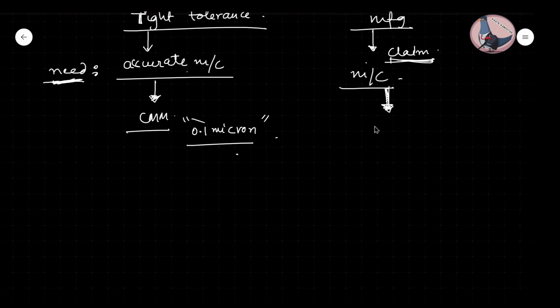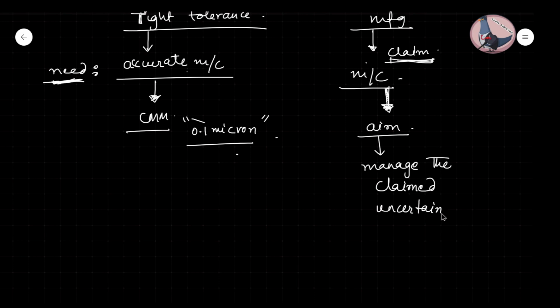So his aim will be to manage the claimed uncertainty. He will say, see, my machine will always have an uncertainty of plus minus 0.5 micron. I cannot remove it, he will say.